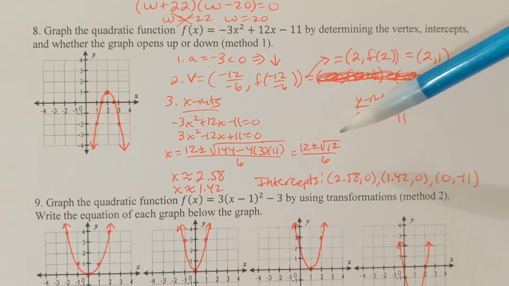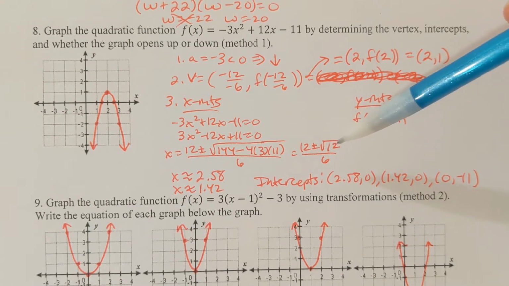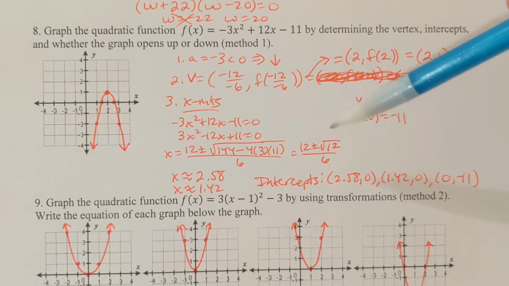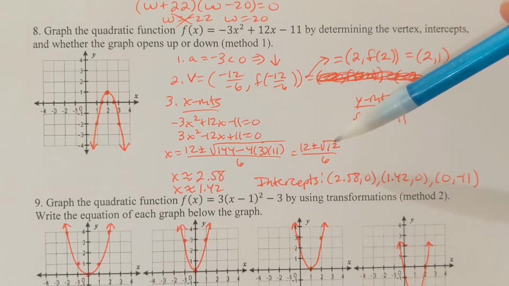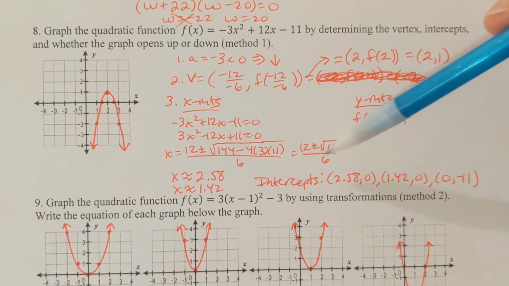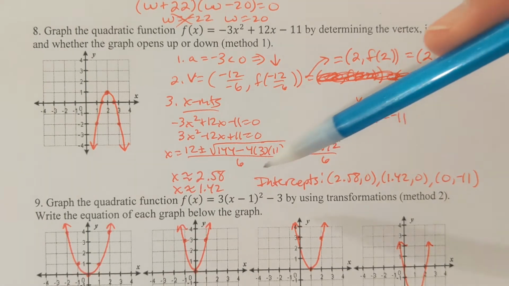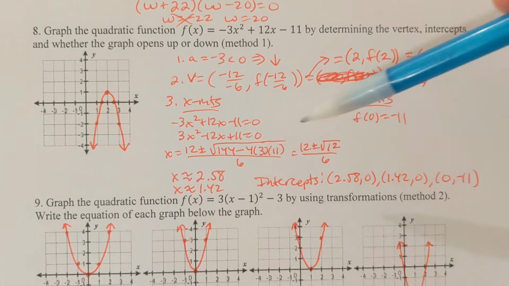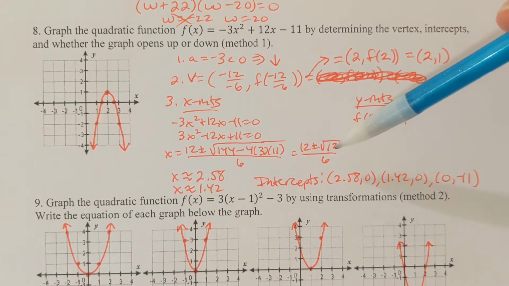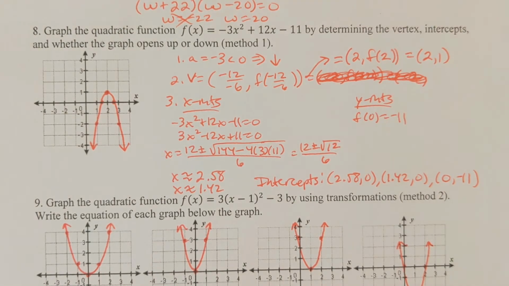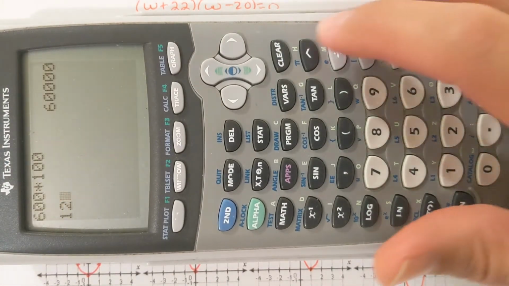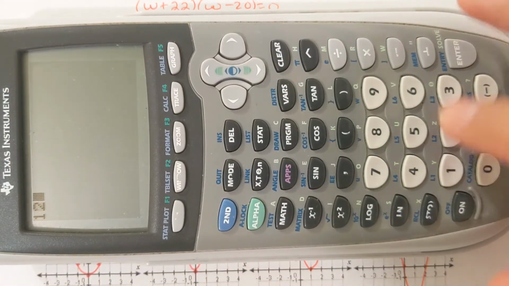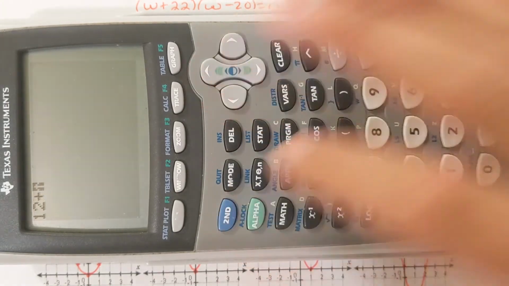So we get 12 plus or minus the square root of 144 minus 132 is 12, all over 6. And if we go to the calculator next, 12 plus root 12 all over 6.